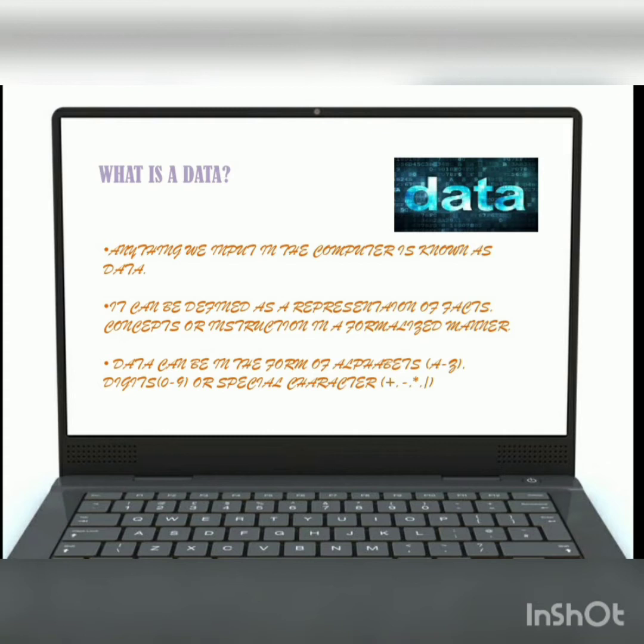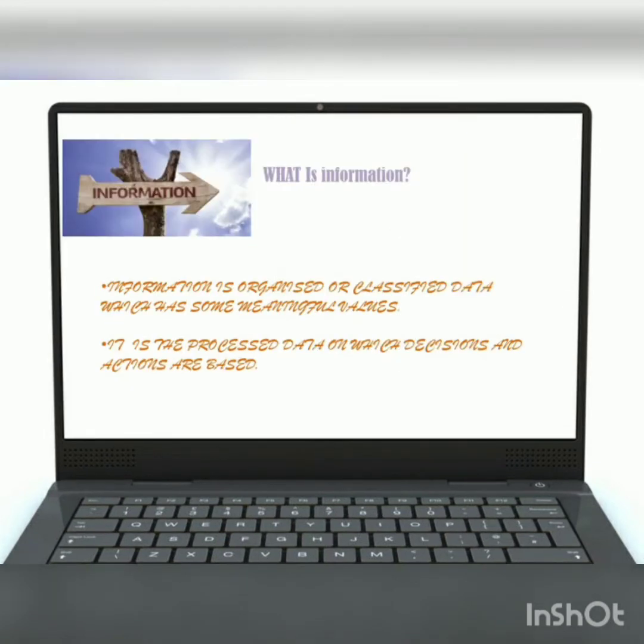Okay. Now, moving to the next topic, that is what is information. Data which is processed by the computer is called information. Always remember, in simple terms, data which is processed by a computer is called information.